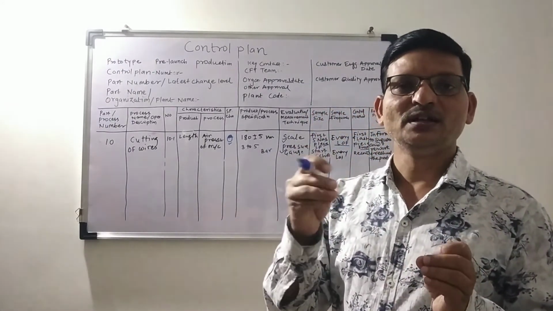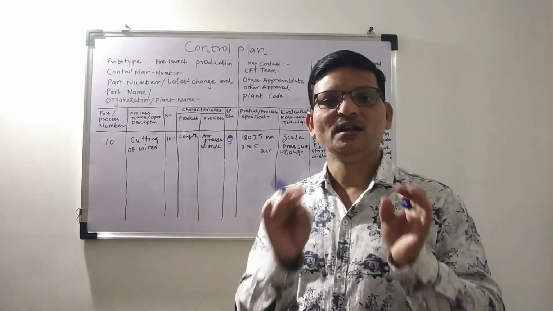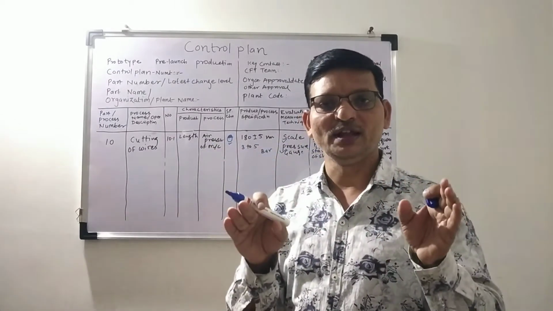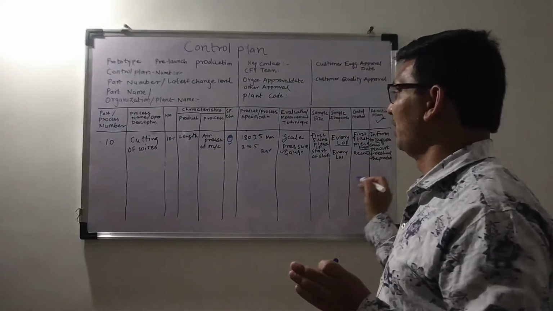After the setting, quality will take the first piece, and if the first piece is found okay, then the process will start again. So that is the reaction plan.